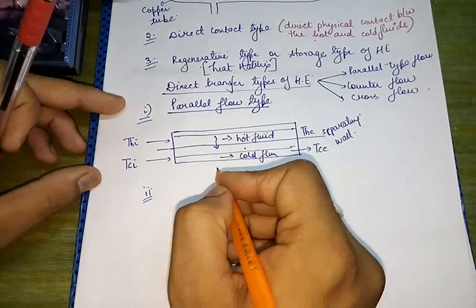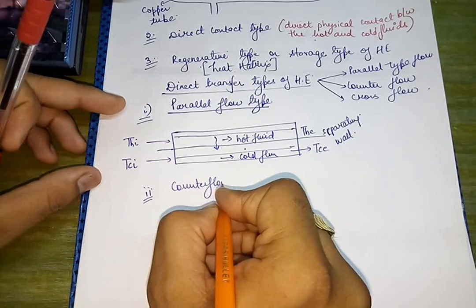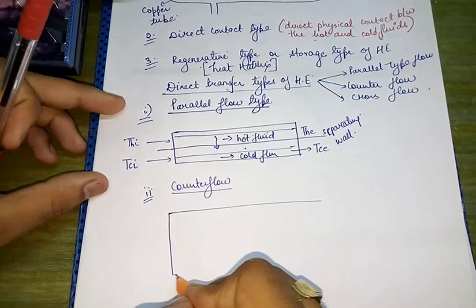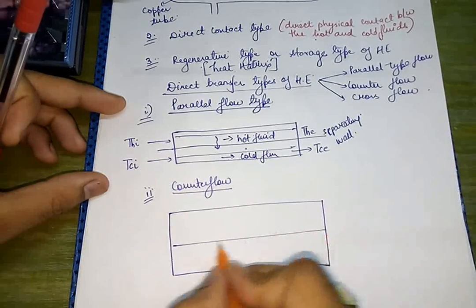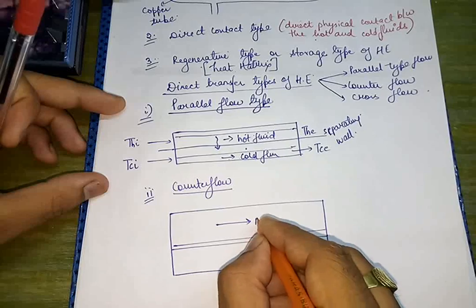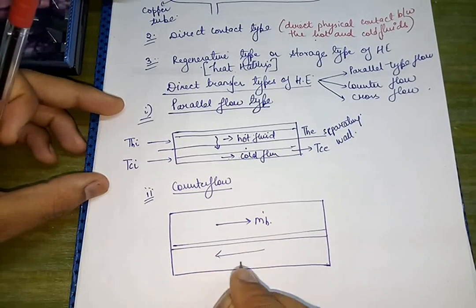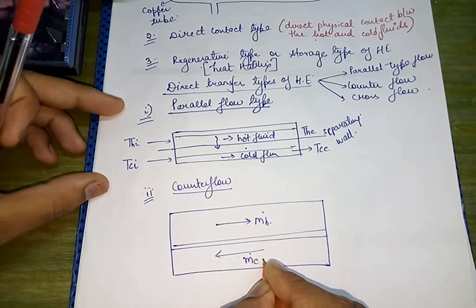Now the second type, that is the counter flow. In case of the counter flow, the same thing happens, but the direction of flow of the hot fluid is this, and the direction of the cold fluid would be opposite to that of the hot fluid.